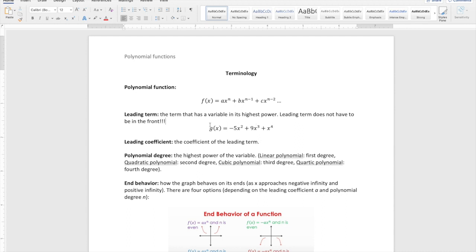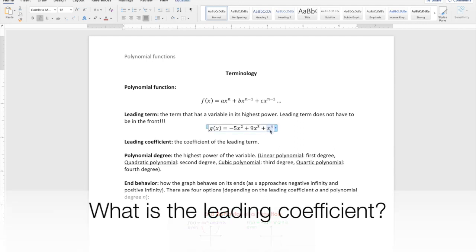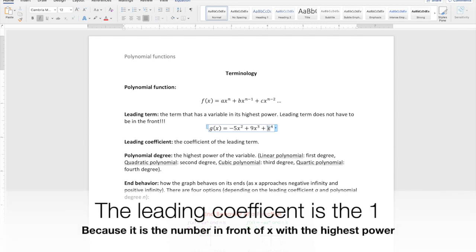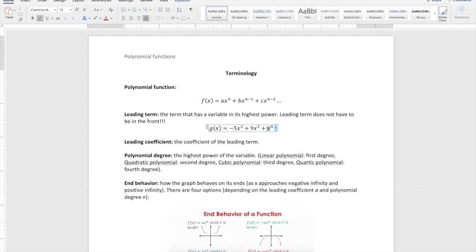So going back to this function g, if this is your leading term right here, x to the power of 4, what is the number or the coefficient in front of this x with the highest power? That's a 1. So 1 here is the leading coefficient. So the leading term is the entire 1x to the power of 4. The leading coefficient is just that number 1 that's in front of that x with the highest power.